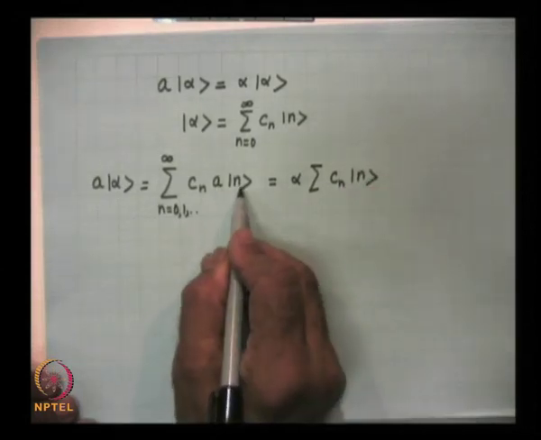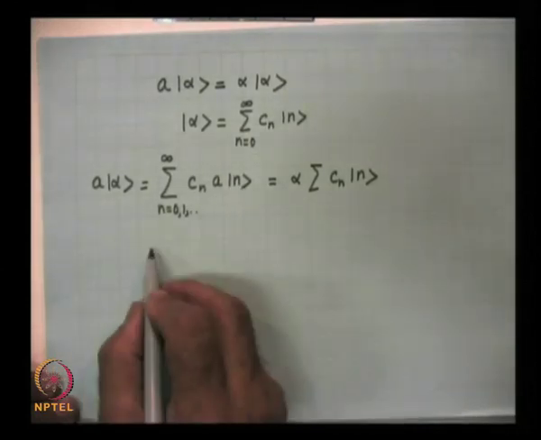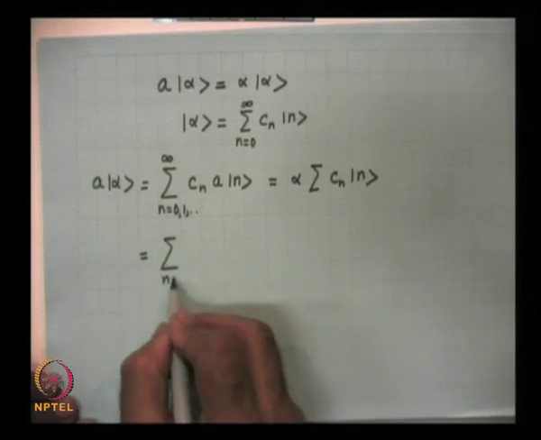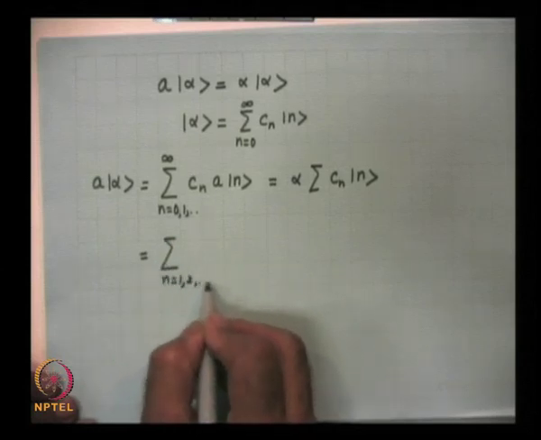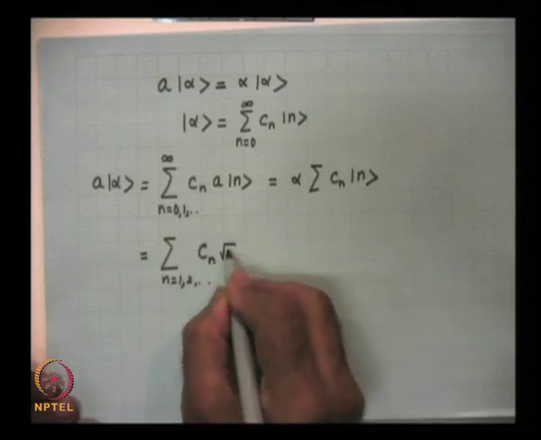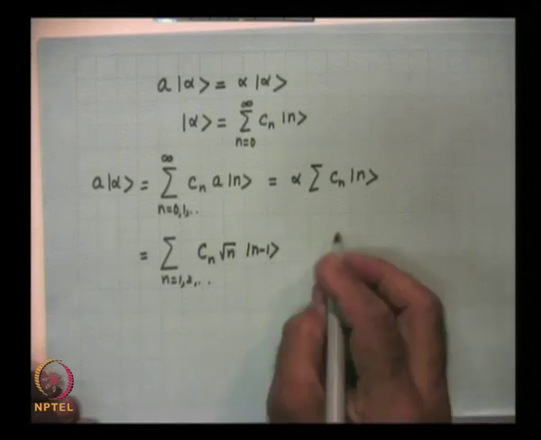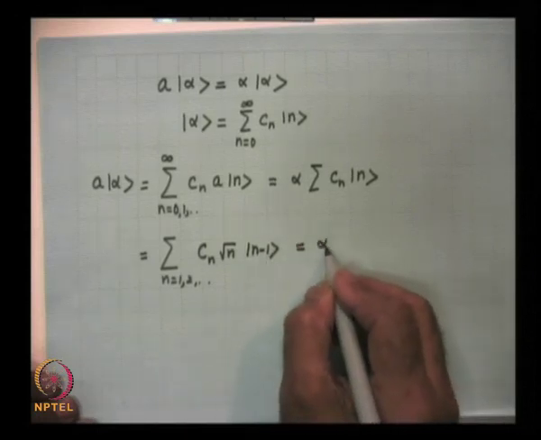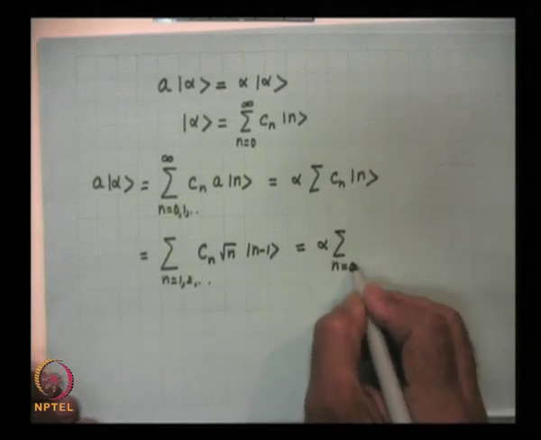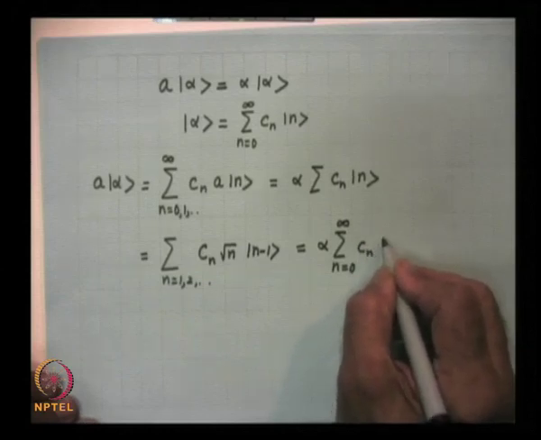A ket 0 is a null ket, and A ket n is, as we have obtained, root n ket n minus 1, for n equal to 1, 2, 3, because for n equal to 0 that is zero. So this is equal to alpha times the summation n equal to 0 to infinity of C n ket n.